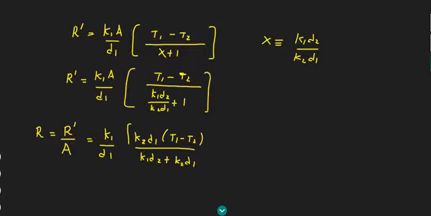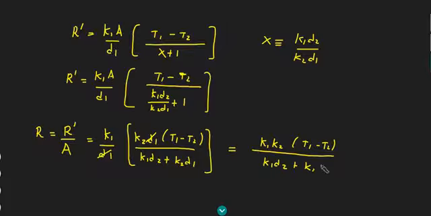Now you can see this D1 in the numerator cancels with the D1 in the denominator, and then I have this expression K1, K2, T1 minus T2 divided by K1 D2 plus K2 D1. So that is my R. This is my R, the rate of heat flow per unit area.